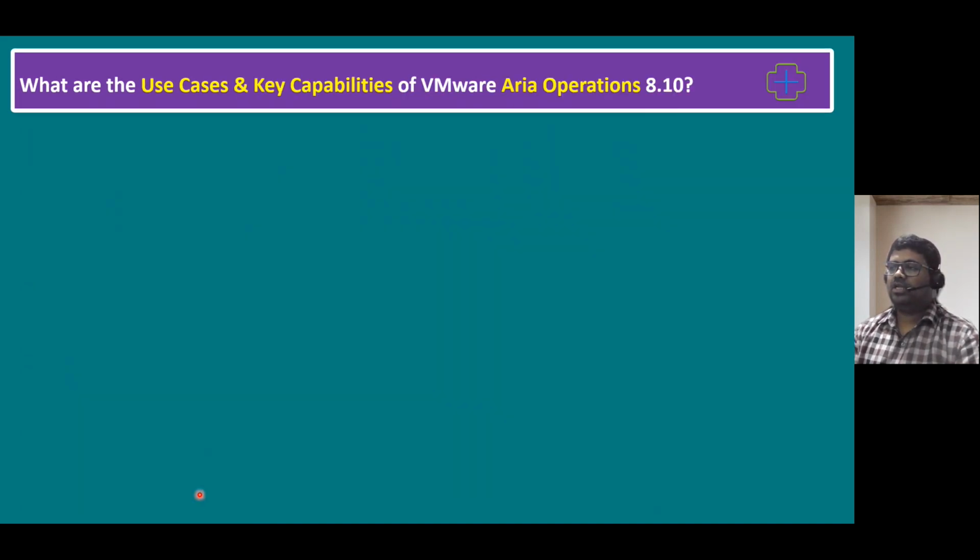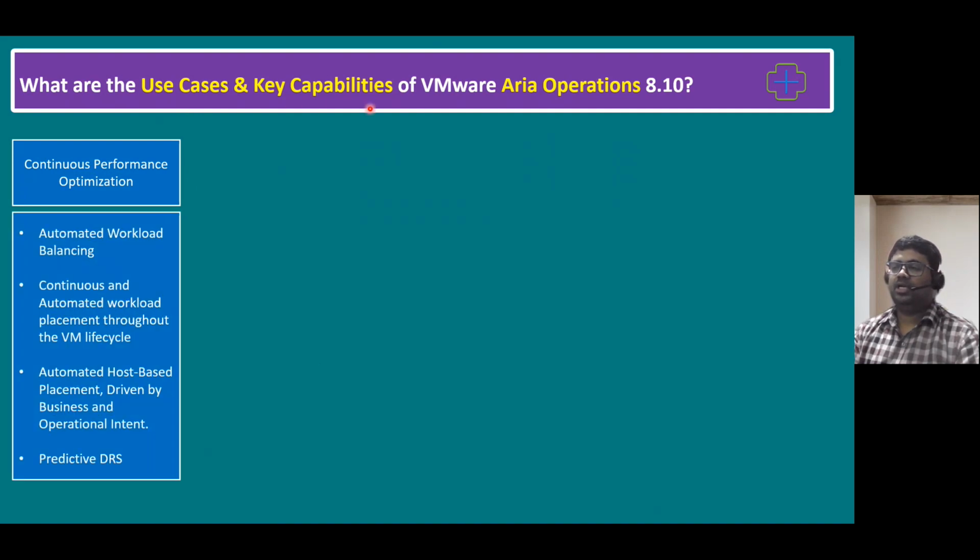Now let's talk about another point. For these use cases, what are the key capabilities? Let's say this is our use case, continuous performance optimization. That means the capability is automated workload balancing. Same like our vCenter, we have DRS. So that DRS functionality is also used by vROps.